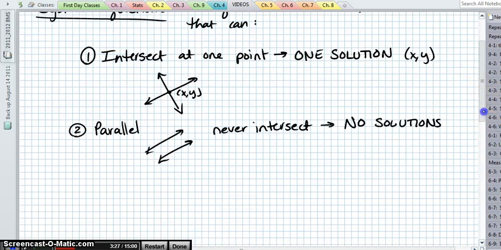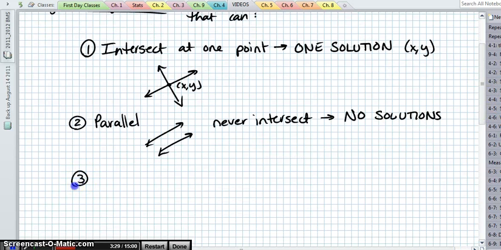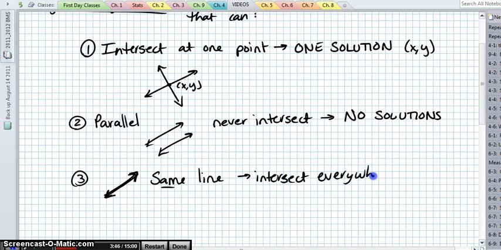Or, when graphed, you might graph a line and then graph the second line and find, hey, it's the same exact line. Which means they intersect everywhere and therefore have an infinite number of solutions or all solutions.